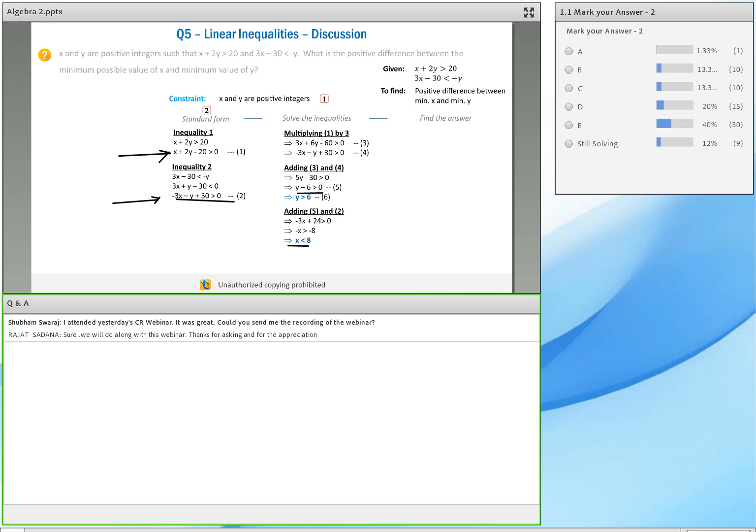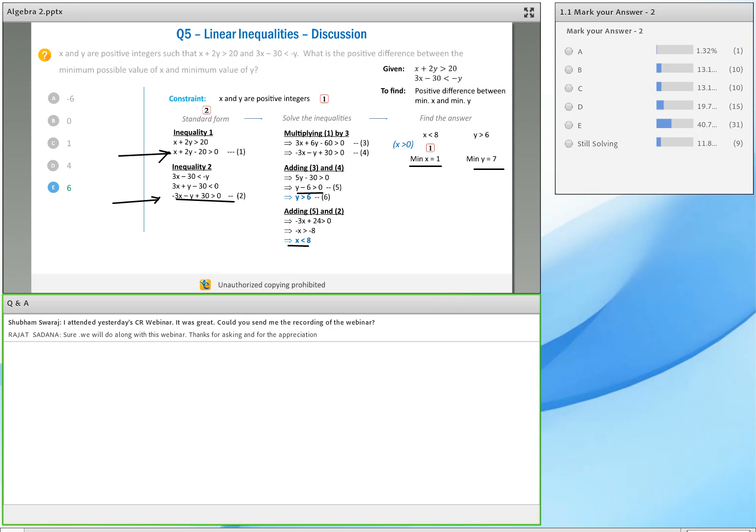Now, if y is greater than 6, then the smallest possible value of y is 7. And if x is less than 8, then the smallest possible value of x is 1, because x is a positive integer.